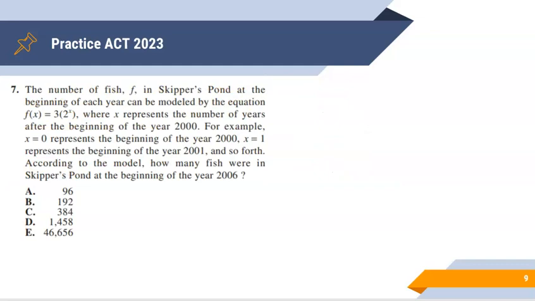Okay, question number 9. In reading, they want to know, according to the model, how many fish were in the pond in 2006. Now we're told that the number of fish can be modeled by that function, right? So let's write down that function first.